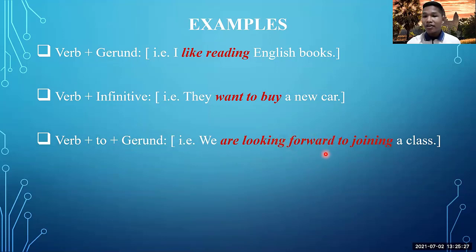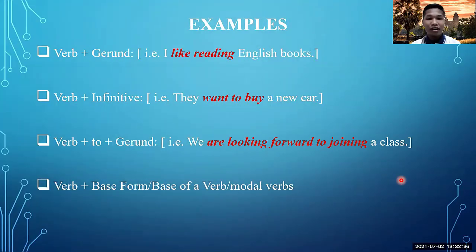Looking forward to here is a verb phrase, and joining is a gerund. Together, the verb phrase "are looking forward to" and the gerund "joining", we call a verb pattern, the third form of the verb pattern.